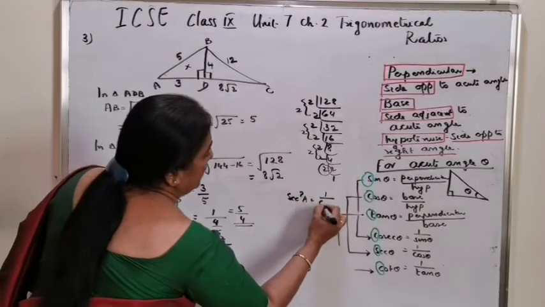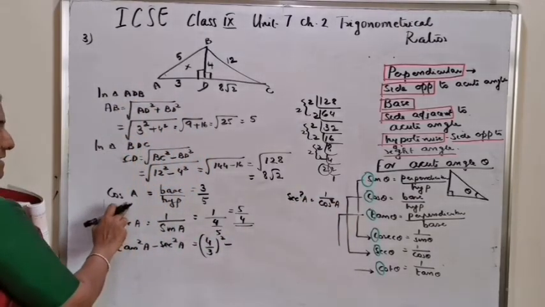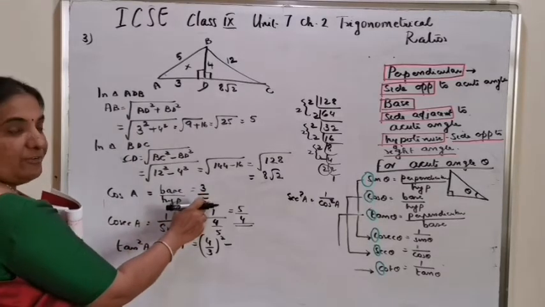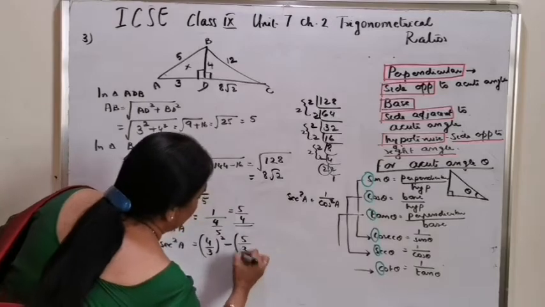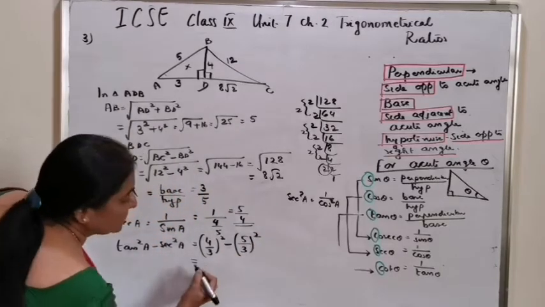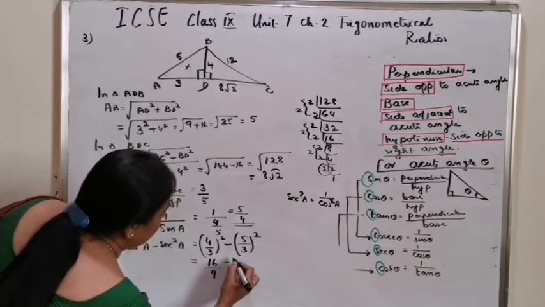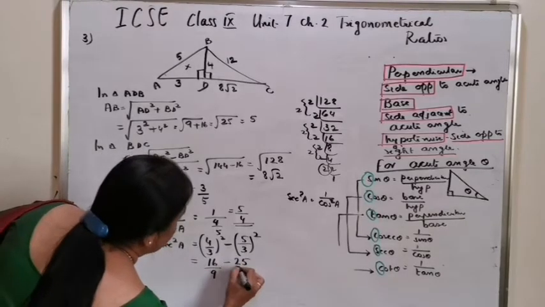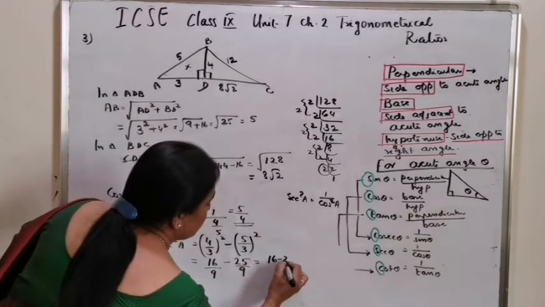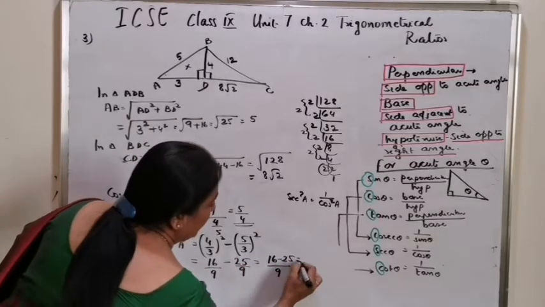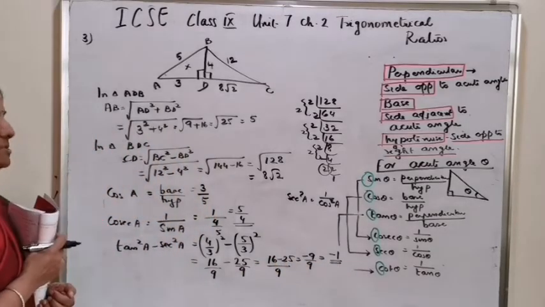Sec square A is 1 by cos square A. Cos A is already here, that is 3 by 5, so sec square A is 5 by 3 the whole square. That gives 16 by 9 minus 25 by 9, which is equal to minus 9 by 9, which is equal to minus 1.